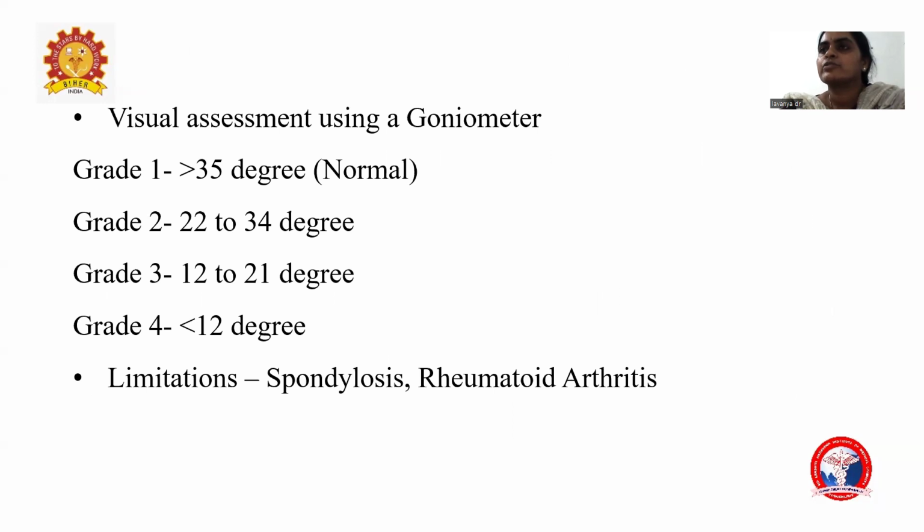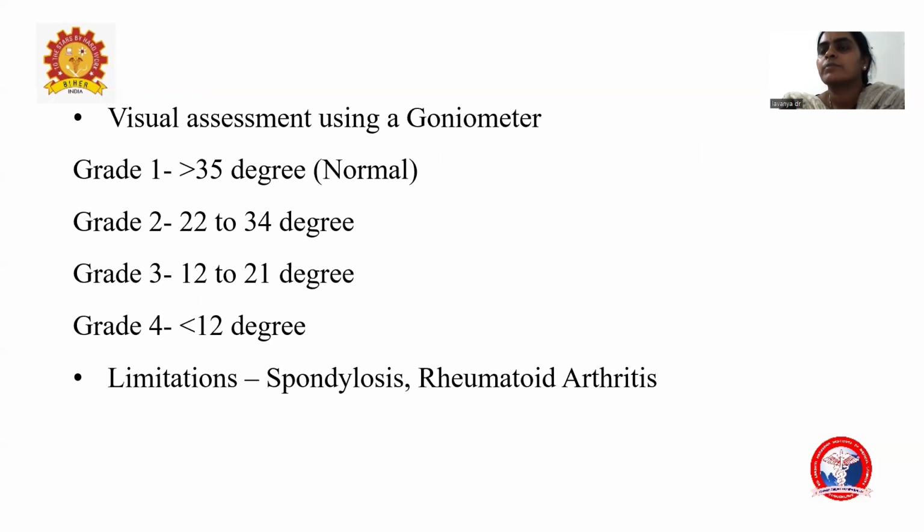Visual assessment or a goniometer is used. Grade 1 is more than 35 degrees, which is normal. Grade 2 is 22 to 34 degrees. Grade 3 is 12 to 21 degrees. Grade 4 is less than 12 degrees.